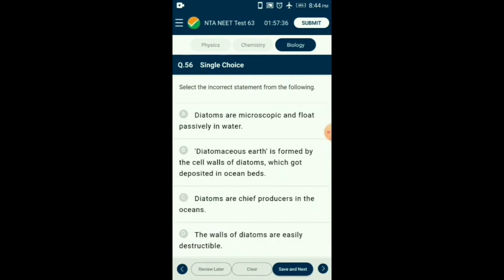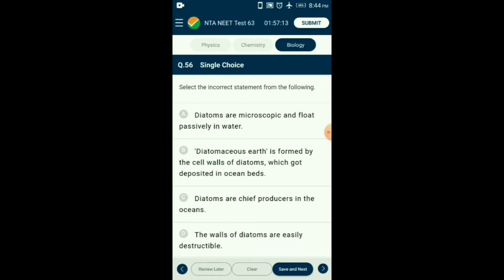Question number 56. Select the incorrect statement from the following. Diatoms are marine or freshwater unicellular organisms which have cell walls, generally called frustules, composed of pectin impregnated with silica and consisting of 2 walls, one overlapping the other.